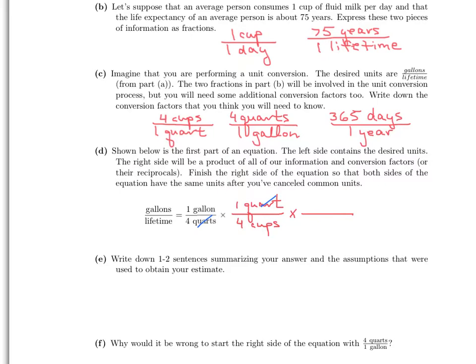We need a fraction that will cancel cups. So we go back up to our information and we look for a fraction that involves cups. We have it right here, 1 cup per 1 day. So I'm going to put in 1 cup per 1 day. And notice I don't want to take the reciprocal of this fraction because I already have cups in the denominator and I need cups in the numerator to cancel it.